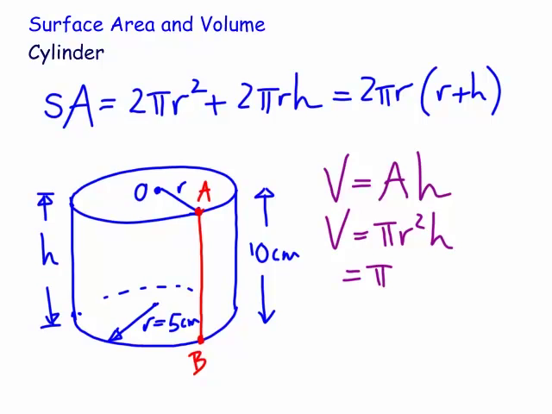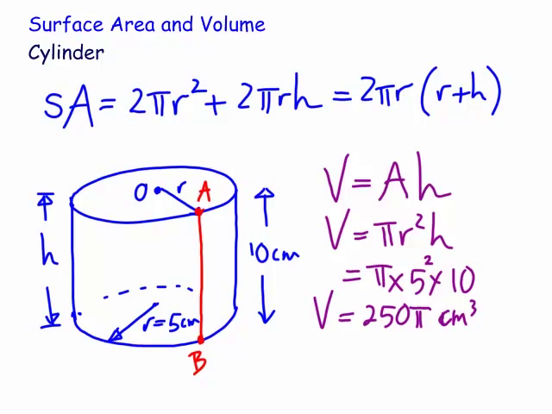Let's put the numbers in: pi times the radius squared, which is 5 squared, times the height, which is 10. That's 25 times 10, or 250 pi centimeters cubed. This is our exact volume.